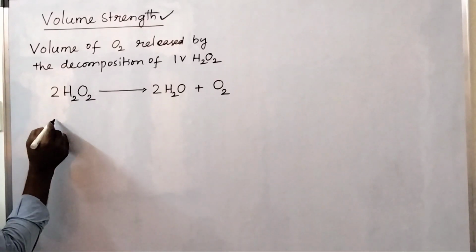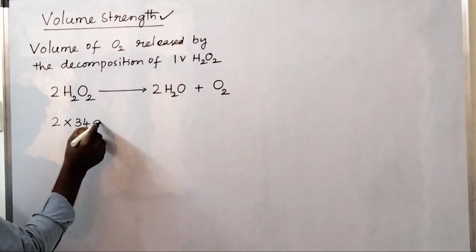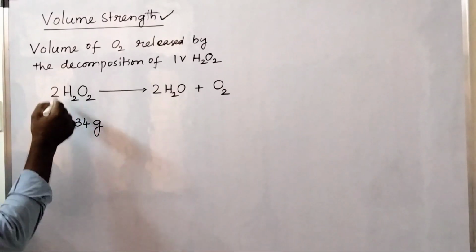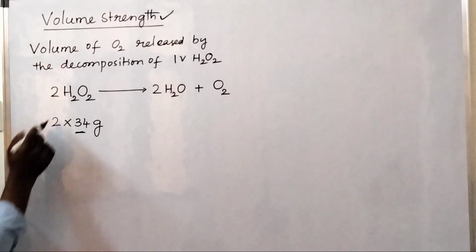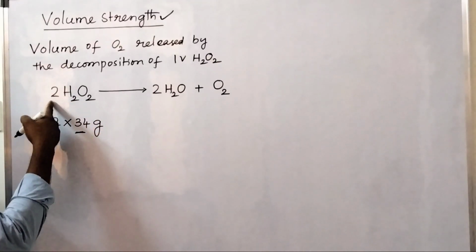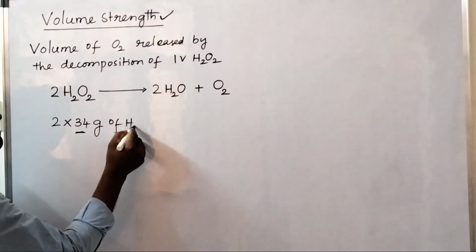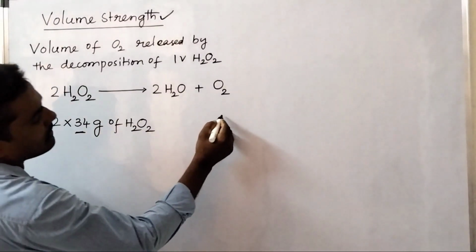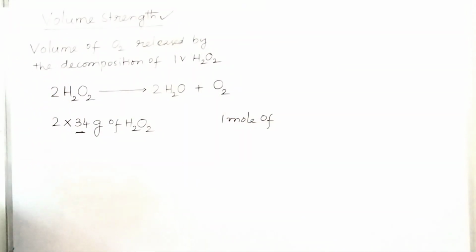So 2 moles means 2 into 34 grams. The mass of 1 mole of H2O2 is 34 grams, and here 2 moles decompose. So 2 into 34 grams of hydrogen peroxide decomposes and gives 1 mole of oxygen.